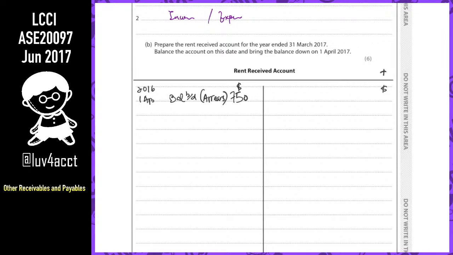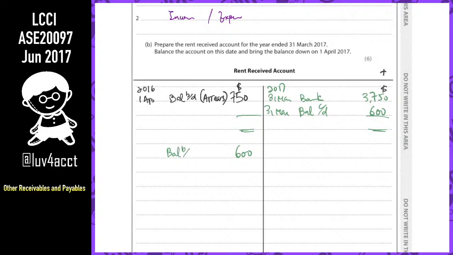600 income in arrears. So it would be on the same side. So amount received is in the credit side, debit bank, and then credit rent received account. Year 2017, 31st of March, we have received 3750, and then owing 600. This is our balance carried down 31st March. So 600 here.